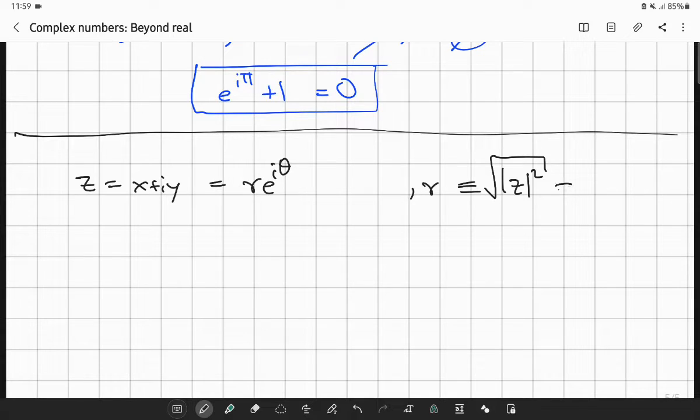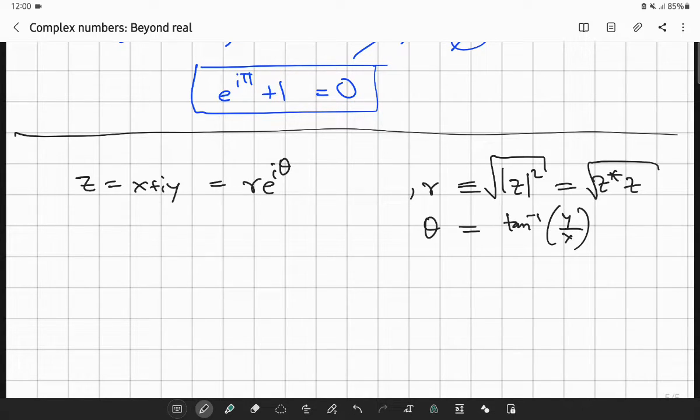So this is equal to the square root of z star z. This is how r is defined, and theta is again the argument. So tan inverse of y over x, because z is equal to x plus iy.